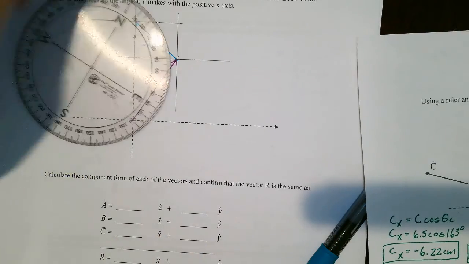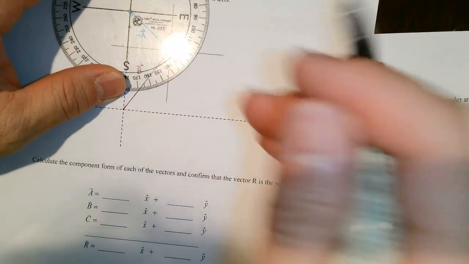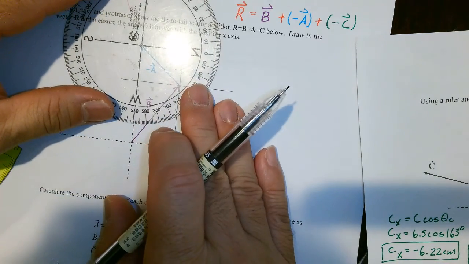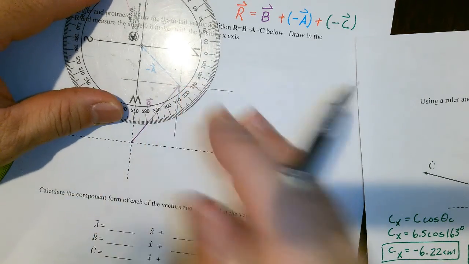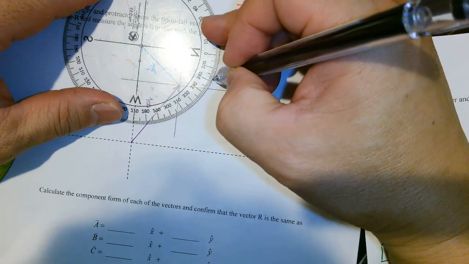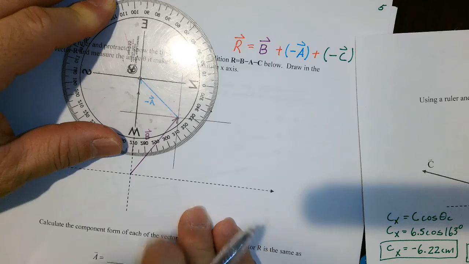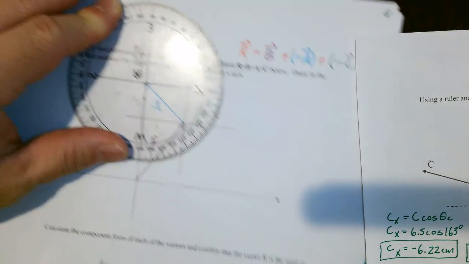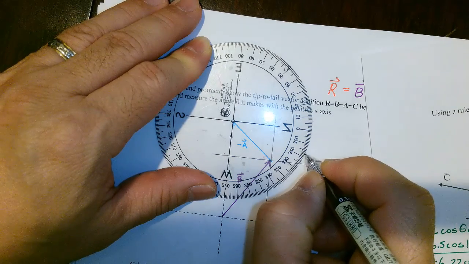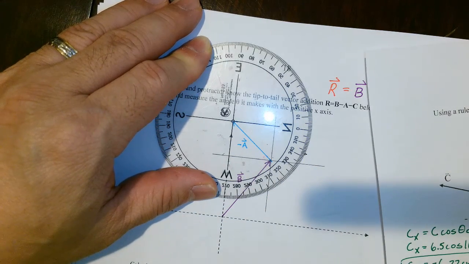So I would have to measure out 343 degrees. 330, 340, 343 will be here. Or maybe I should go up a little higher. Again, this is probably parallax, so 343 will be like one more degree up higher. All right, that's 343.